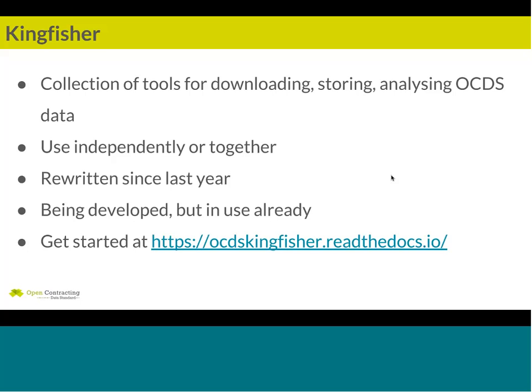We've rewritten it since last year, and we've now separated it into a bunch of different components, all of which can be used independently or stuck together to create a pipeline of what would, in other contexts, be called an ETL pipeline. ETL doesn't quite fit onto what we do, so we don't call it that, but it's that kind of thing. And there's a link there to the documentation.